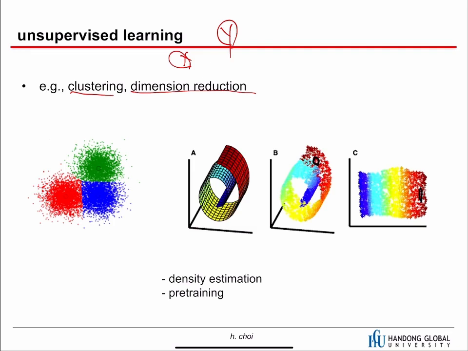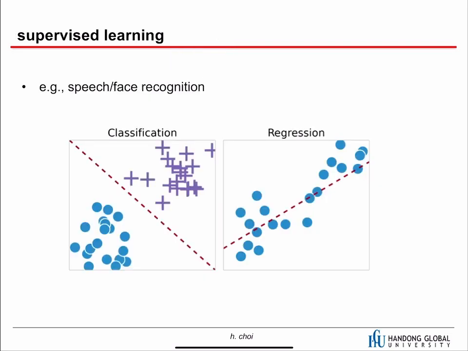So these are two important examples of unsupervised learning. In this semester, we are going to learn a couple of algorithms of unsupervised learning. And next one is supervised learning. Supervised learning is really popular because when it comes to machine learning, many people might have heard about face recognition or image recognition, right? This recognition is one example of supervised learning. Recognition is actually classification.